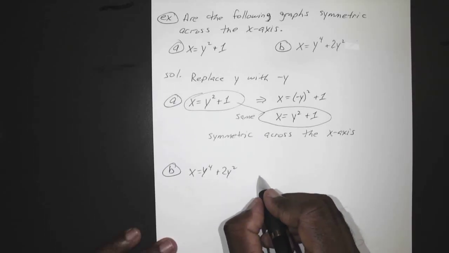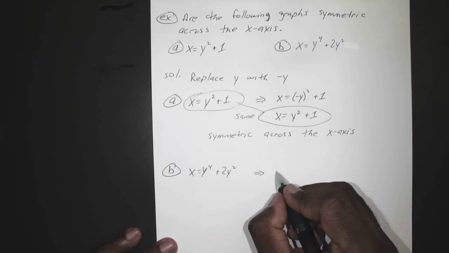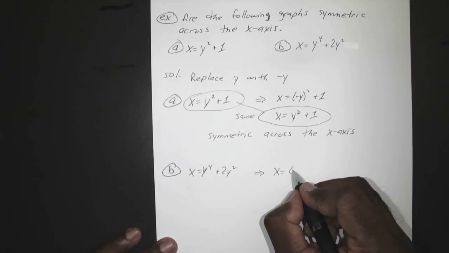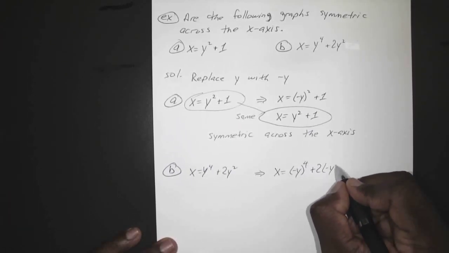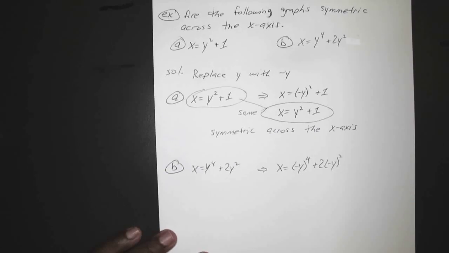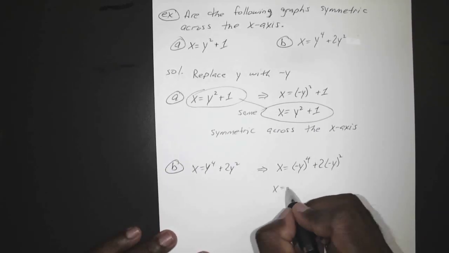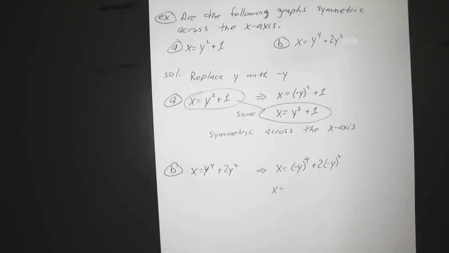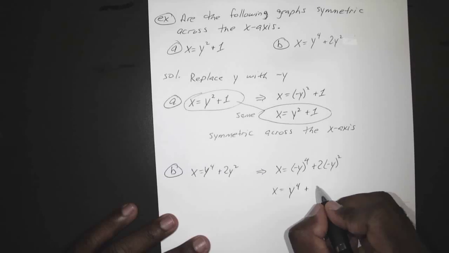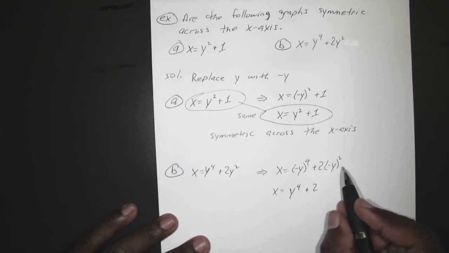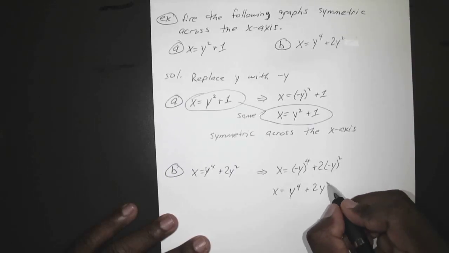Okay, so here you have x equals negative y to the 4th plus 2 times negative y squared. So that gives you x equals negative y times negative y, and so on, which comes out to positive y to the 4th, plus 2 times negative y times negative y, which is y squared.